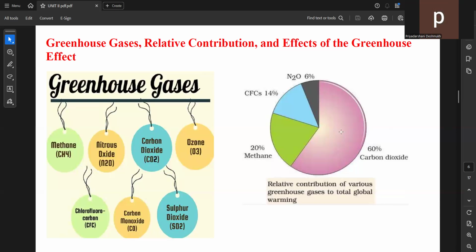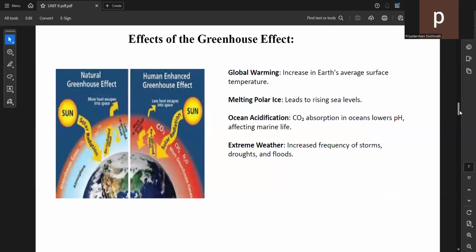So these are the main gases which are responsible for the greenhouse effect. This is the relative composition of the gases present in the atmosphere which cause global warming. Now, carbon dioxide, the most significant gas contributing to the greenhouse effect, arises from the burning of fossil fuels, deforestation, and industrial activity.